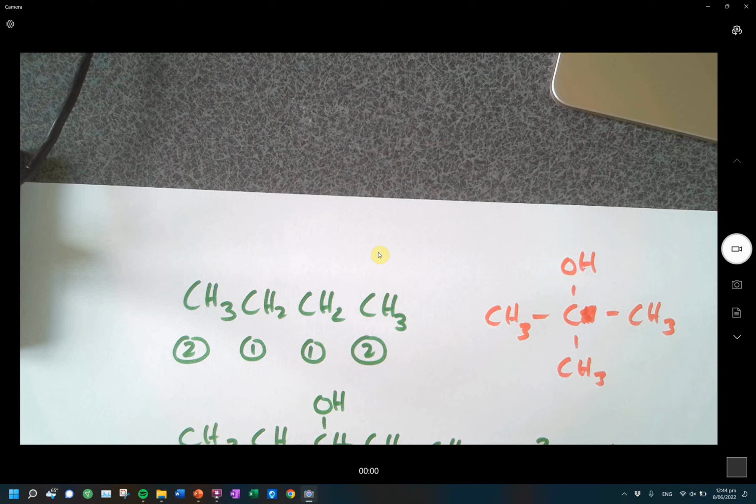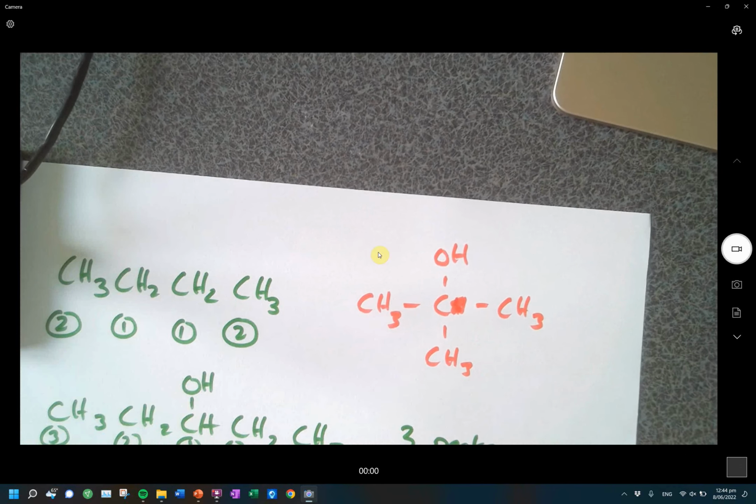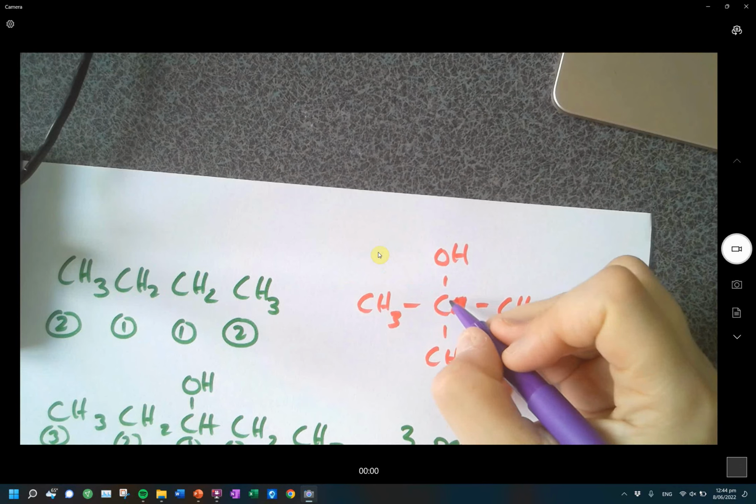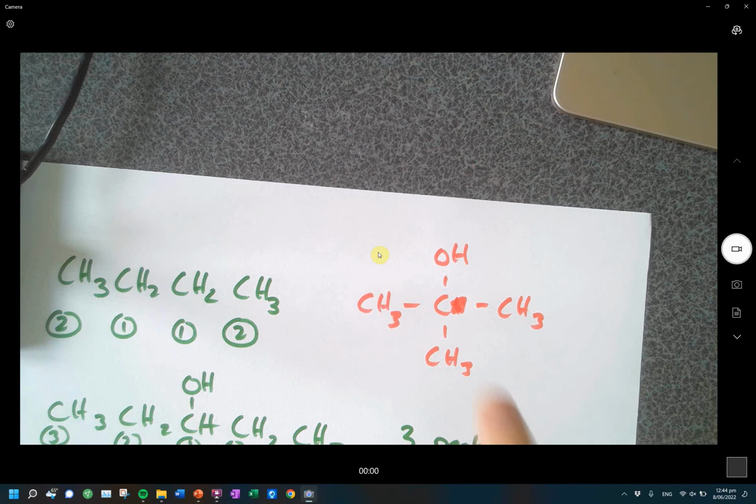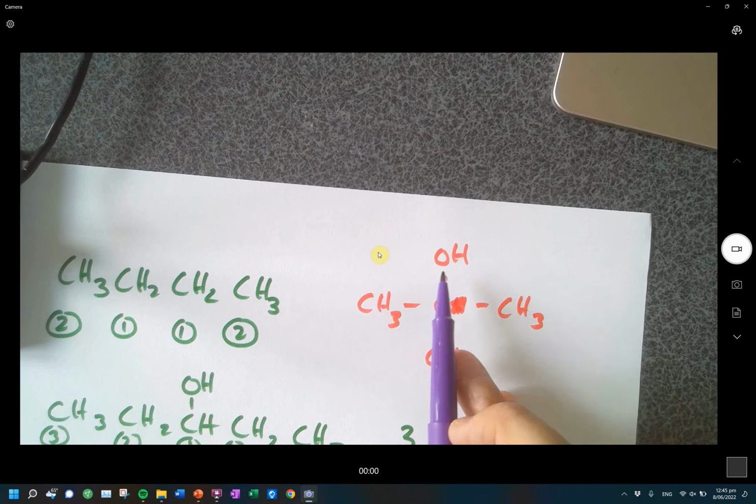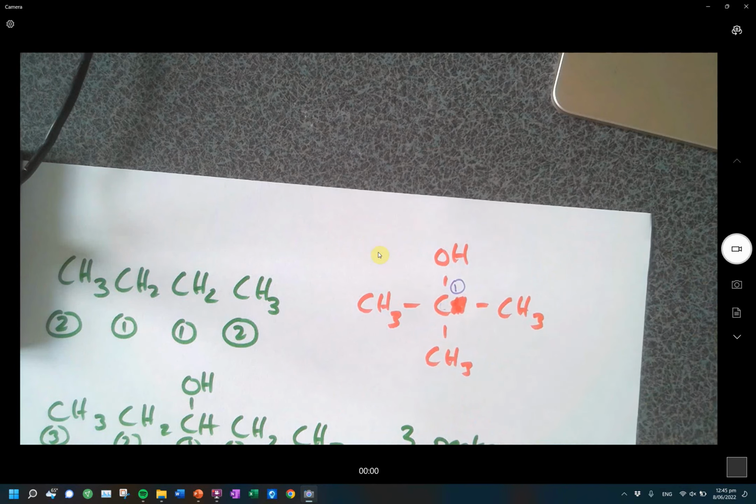All right, so if I'm looking at this molecule here, and I'm trying to figure out its carbon environments, this carbon in the center is obviously different. So with this carbon in the center, it has the 3 methyls and the OH. That's obviously 1 carbon environment.